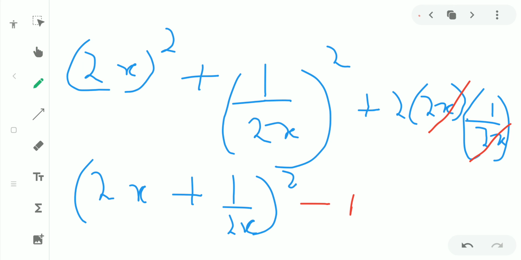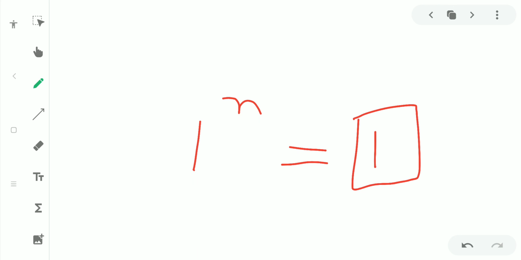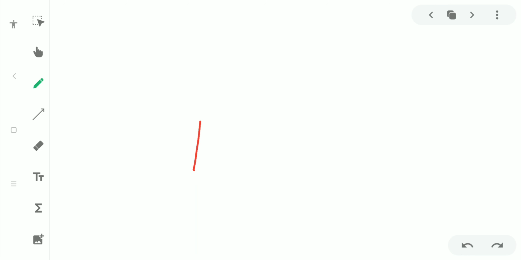Minus 1 I can also write as minus 1 whole square, because 1 power anything, 1 square or 1 cube or 1 power 4, whatever it may be, you will get 1 itself. So I have written 1 as 1 square, because the result is 1 itself.